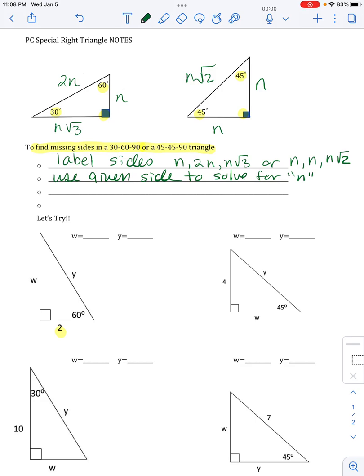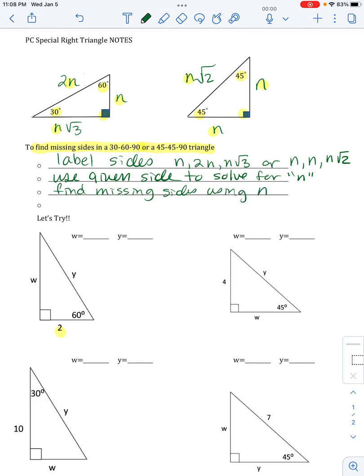And once you know n, obviously all of the sides in the triangle can be found using that n. So you're going to find the missing sides using the n that you just solved for.